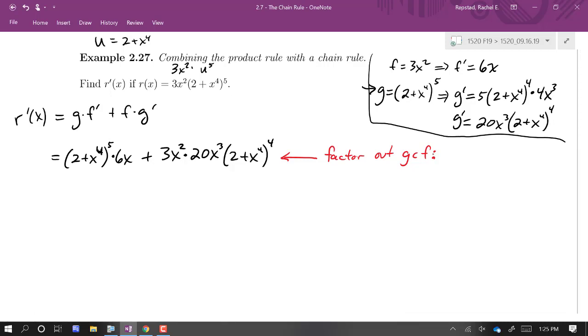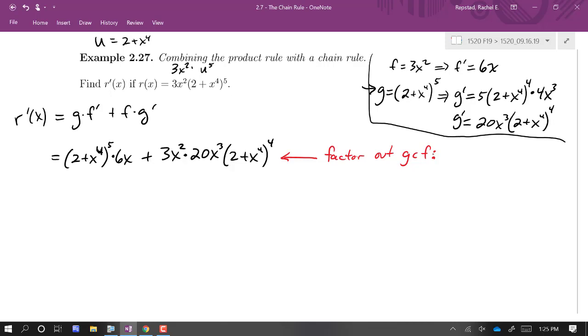So when I'm comparing these two terms that we're adding, what's the greatest common factor? What are things we can take out? What are some common factors? An x, just an x to the first, right? Because it's always the least power. This has only got one factor of x. 2 plus x to the 4th.